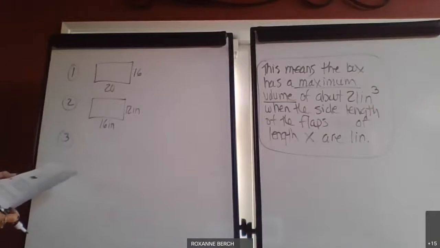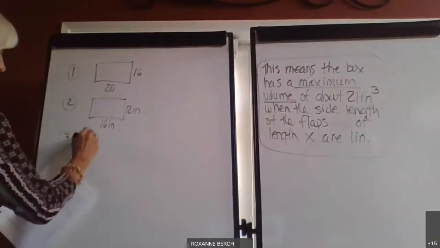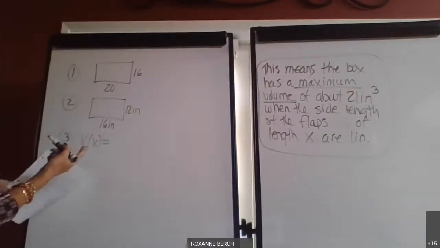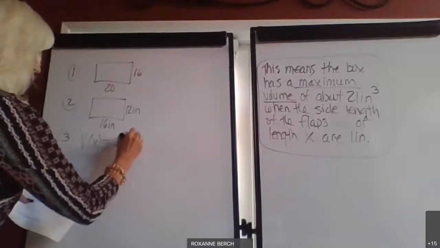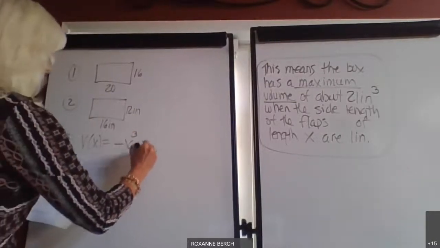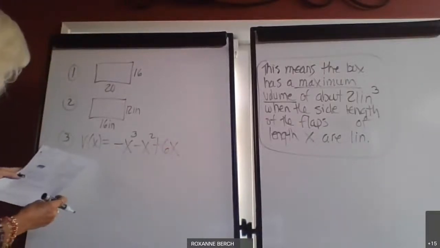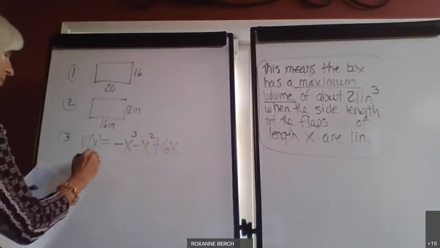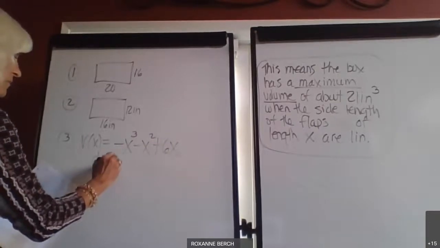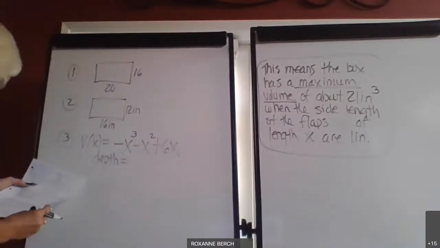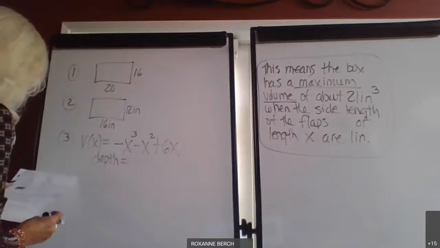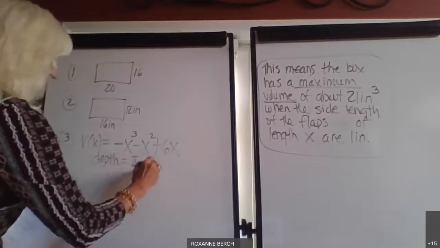On problem number 3, they're giving you the volume in terms of x is negative x cubed minus x squared plus 6x. And they're saying that the depth is equal to 2 minus x.